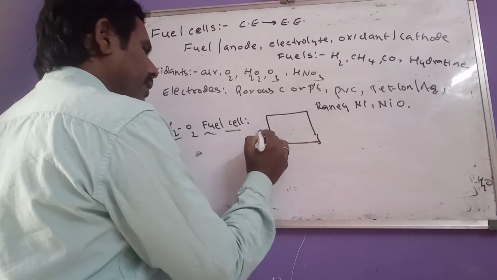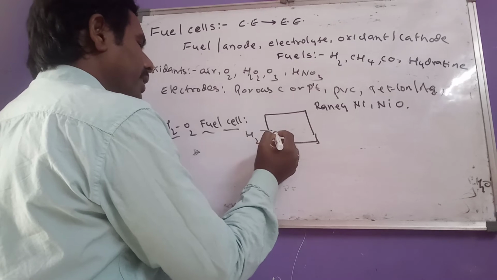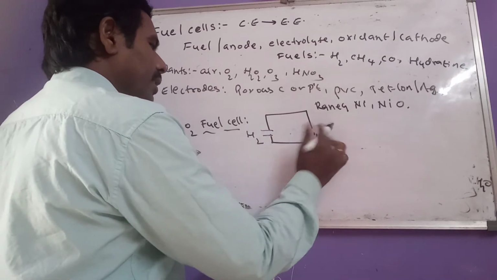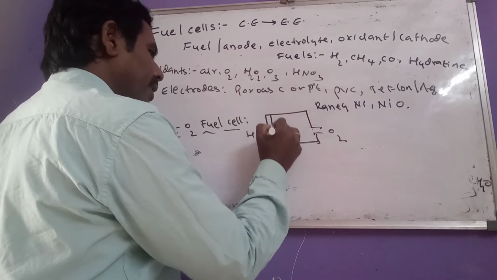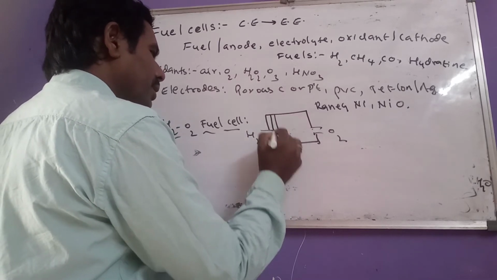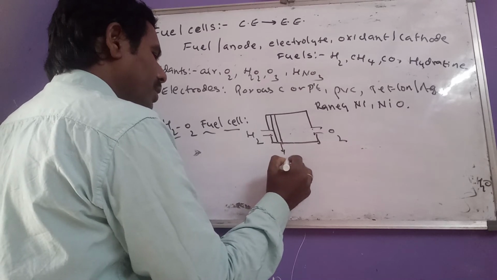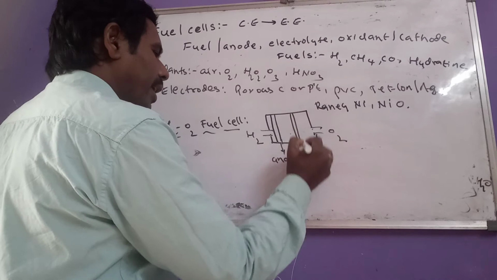From here, hydrogen gas is passed into this cell, and from here oxygen gas. Here let it be the anode. This is anode. And here let it be the cathode.